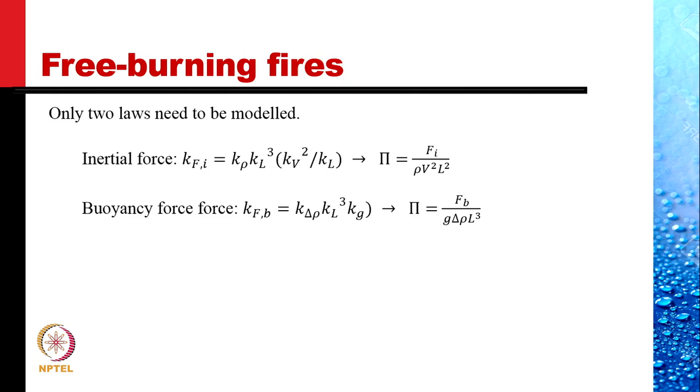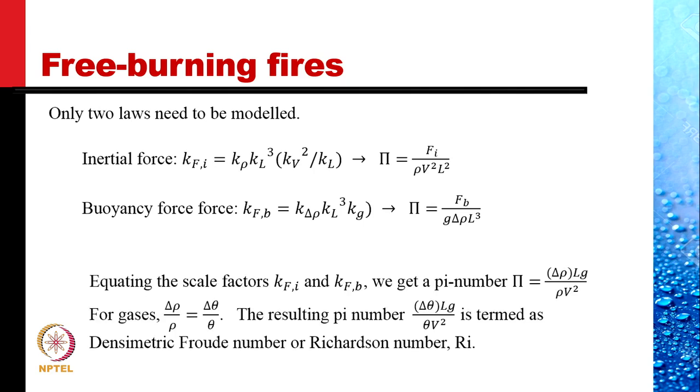For the forces, inertial force, which gives you the standard form of Kfi, and the buoyancy force, K delta rho, change in density times the volume times Kg, gives you two pi numbers. And from this, if we equate the scale factor Kfi and Kfb, we get this pi number.